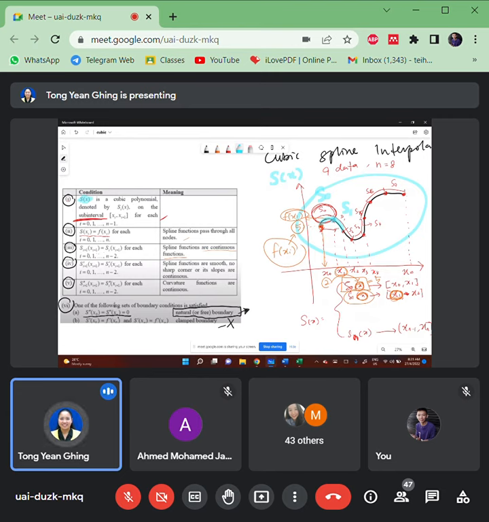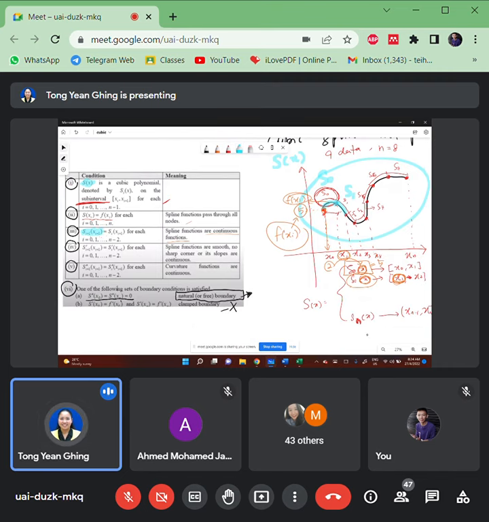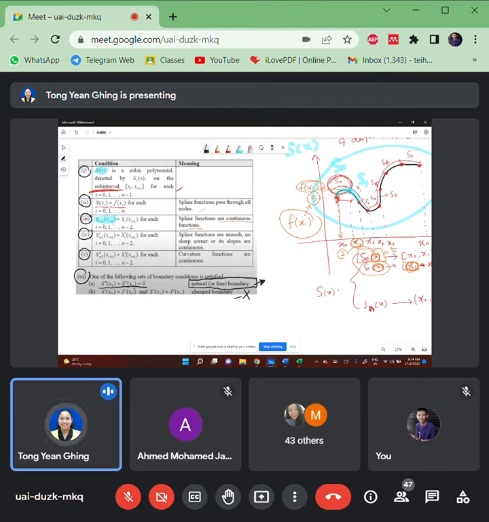So if you look at here, it is not very clear, I write it back. Okay, so here it says that S i plus 1 of x i plus 1 has to be equal with S i of x i plus 1. You look at this one. This one will be the same. But this is where these two functions will be connected with this i plus 1.